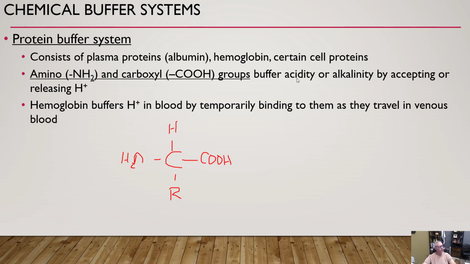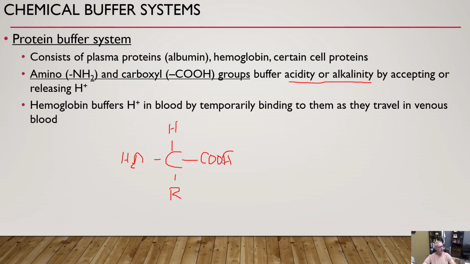So what we can do is we can buffer, depending on if we're too acidic or too alkaline or too basic, we can either release a hydrogen ion or take on another hydrogen.